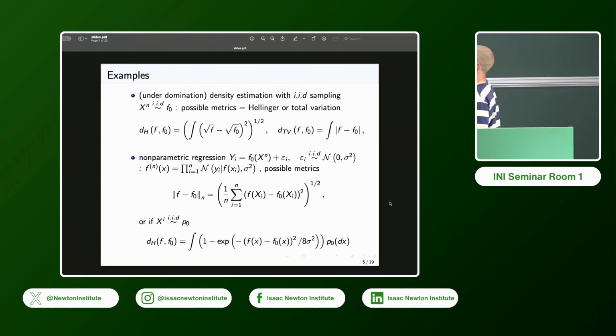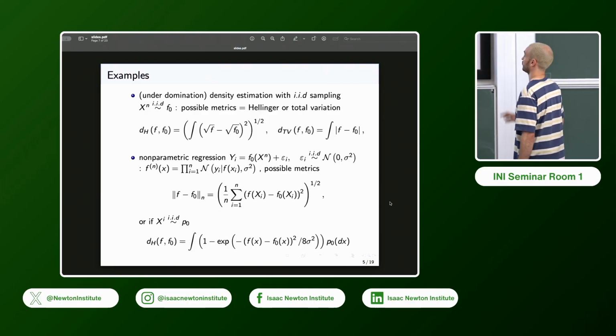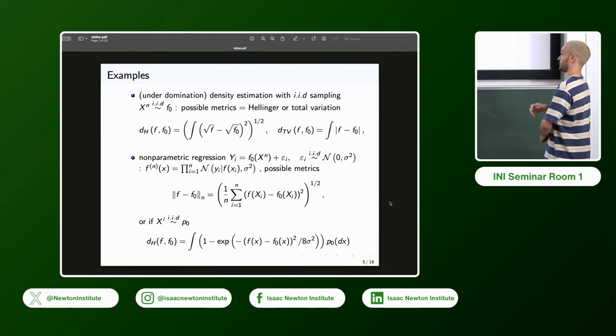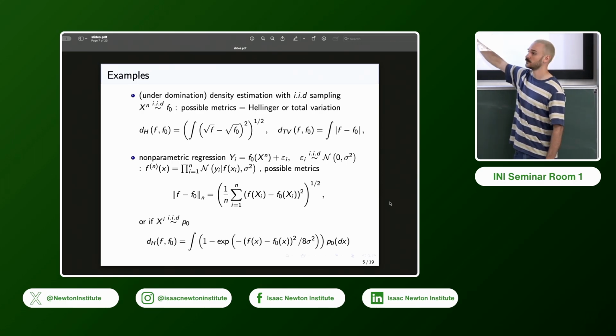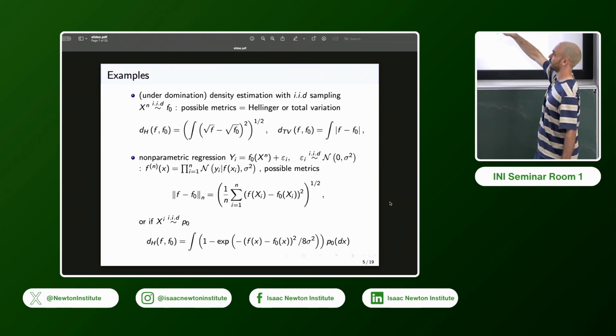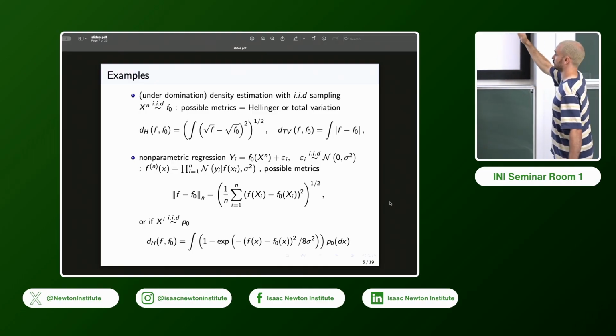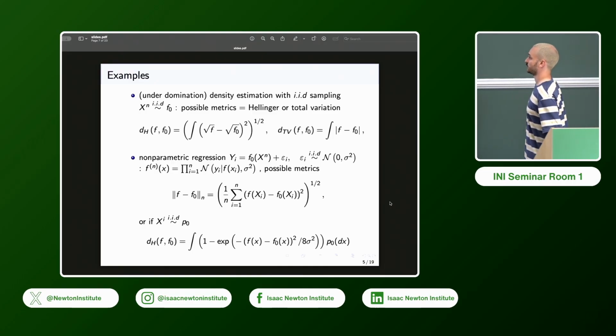Then basically, what you can take as metrics that satisfy the testing assumption in this kind of problem is the root mean squared error here. So we're taking the L2 norm, but with respect to the empirical distribution of the covariates x_i. That can be seen to satisfy the testing assumption using some kind of likelihood ratio tests.